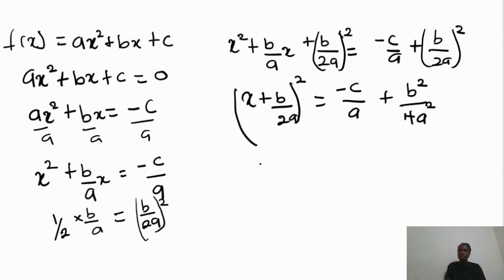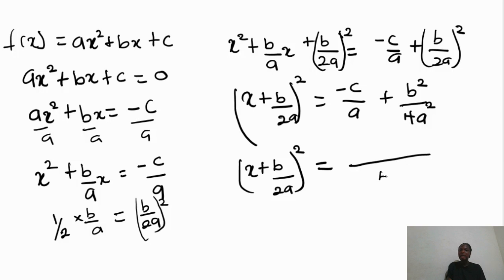Now, to simplify the right hand side, the LCM here is 4a squared. A goes into 4a squared, 4a. 4a times c is going to give us negative 4ac. Then 4a squared goes into 4a squared, 1, so 1 times b squared is going to give us b squared.